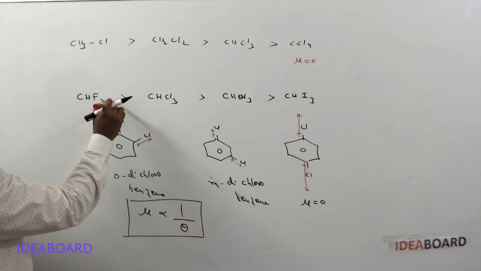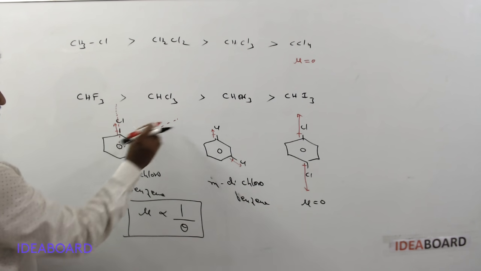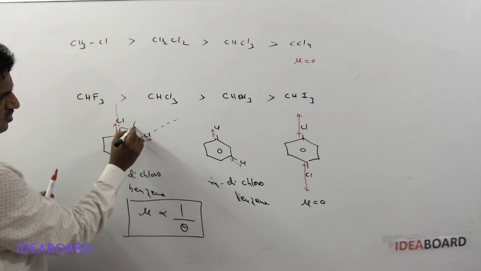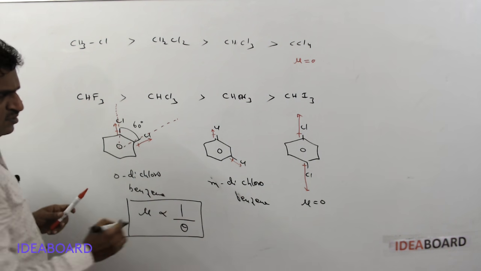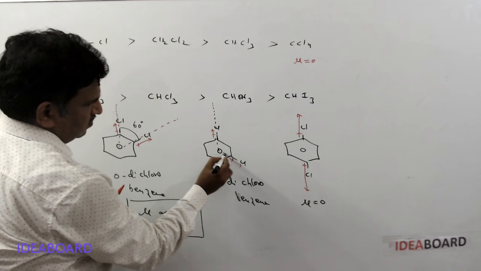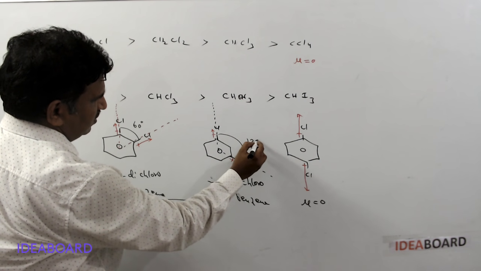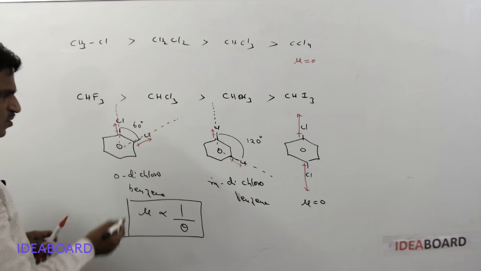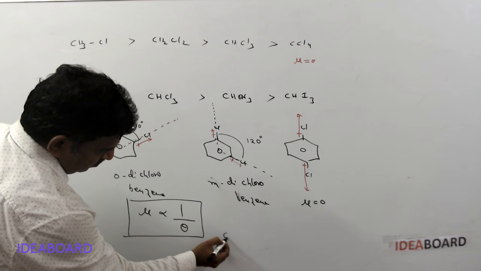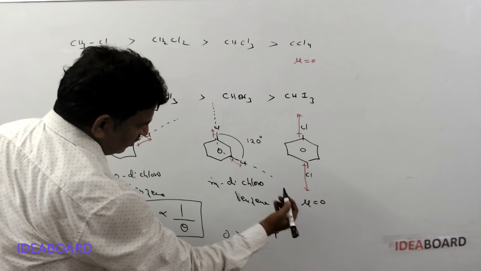Here this angle is equal to 60 degrees, and here the angle is 120 degrees. So the bond angle is lesser, so ortho has more than meta, and meta has more than para.